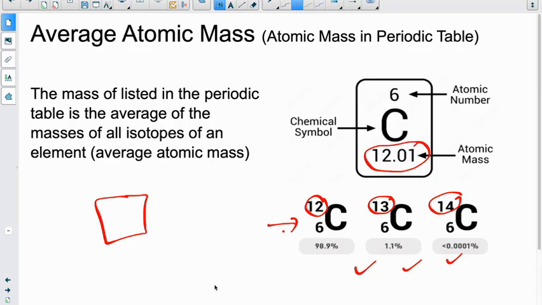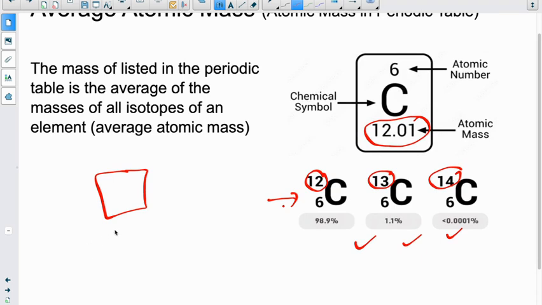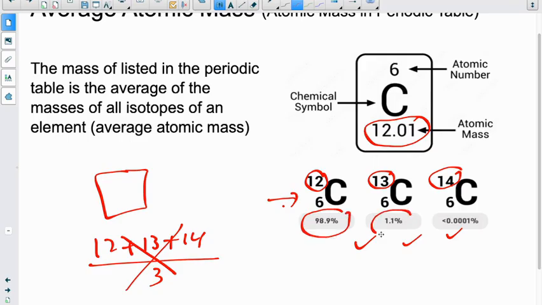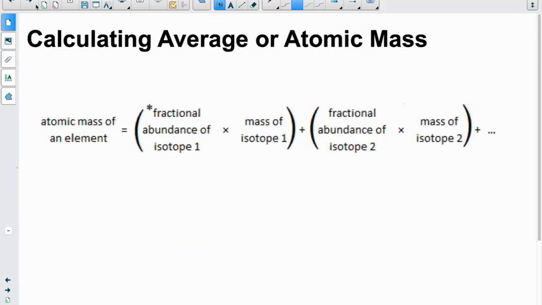Now, normally when we find average, we will take 12 plus 13 plus 14 and we will divide it by 3. However, you will see very quickly that we cannot do that here because of these abundances. In this particular case here, the isotope that contributes the most towards the mass of carbon is this one, because carbon is made up mainly of carbon-12.